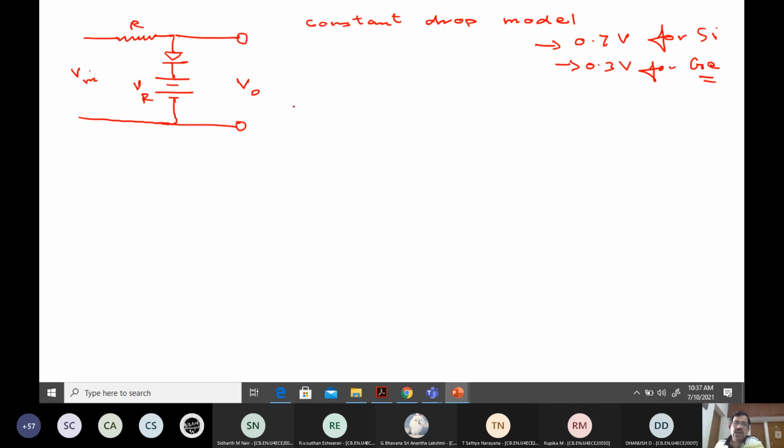Now let us talk about the positive half cycle. In the positive half cycle, what happens? Okay, so that is the idea. First of all, the diode starts to conduct. What do we know?